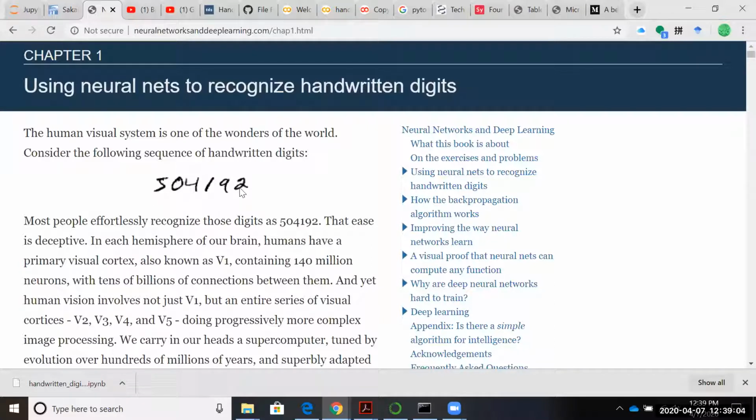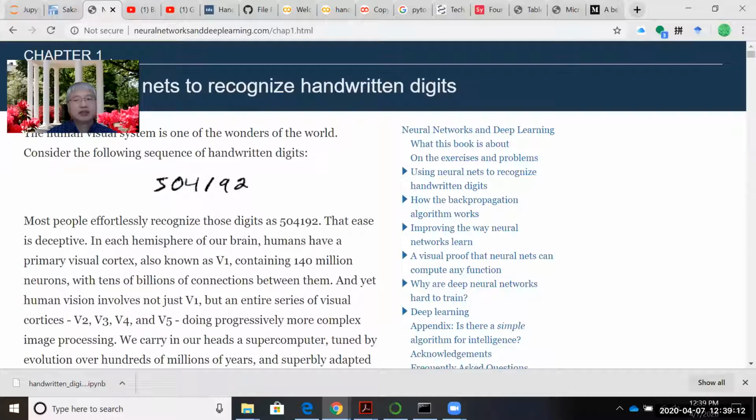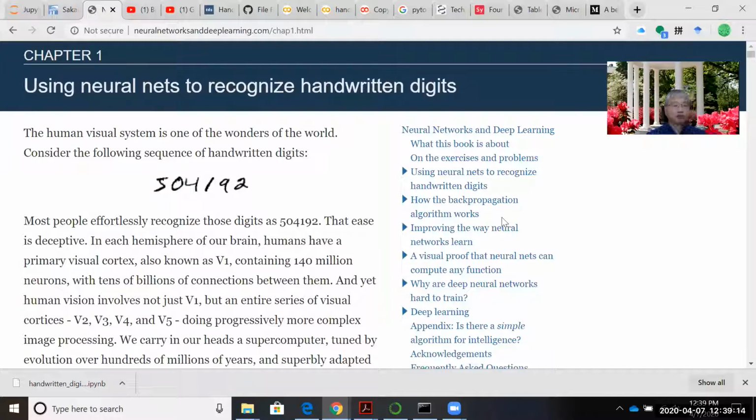And you think about it, what really makes us good in this sense. It's not like we are born able to recognize digits. In fact, our brain has been trained ever since we were born. Our brain, as you remember from last lecture, is basically a complex network of neurons with weightings, with synapses connecting different neurons.